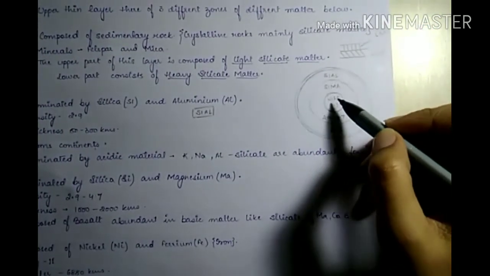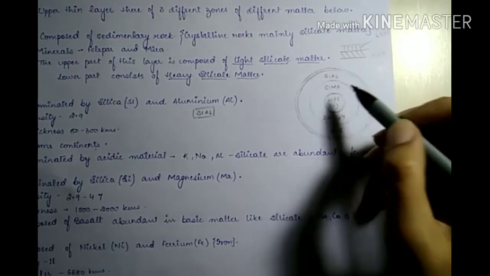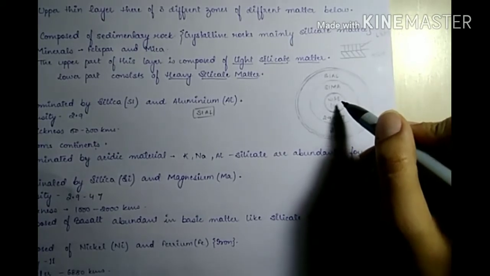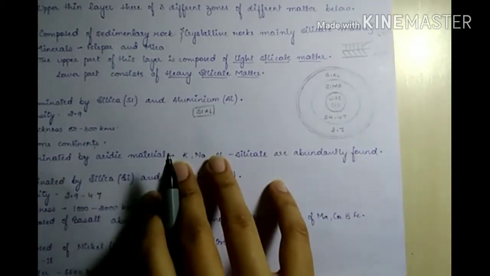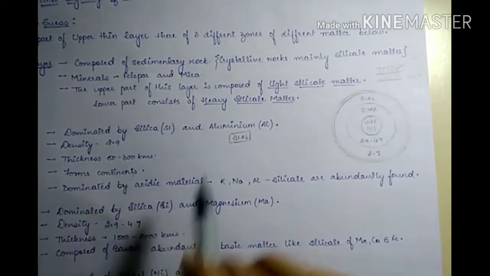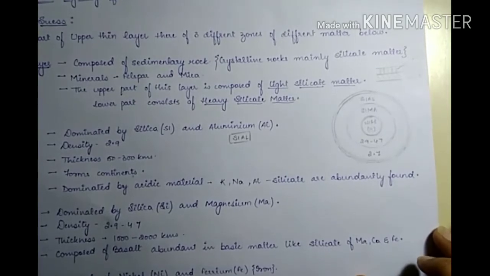So we will consider its diameter. Its diameter is 6880 kilometers. So this was the whole structure and layering of the earth according to Suess.